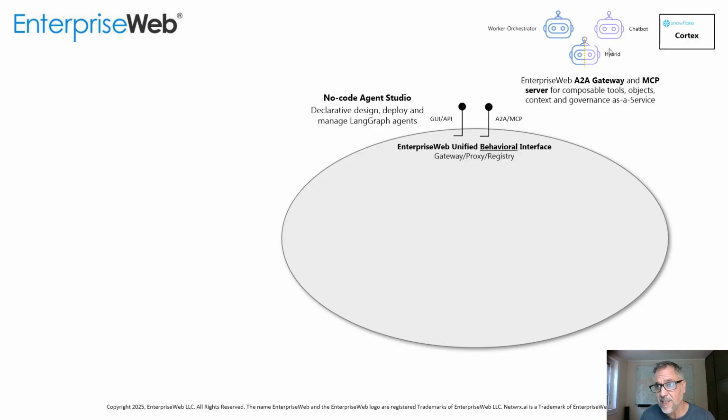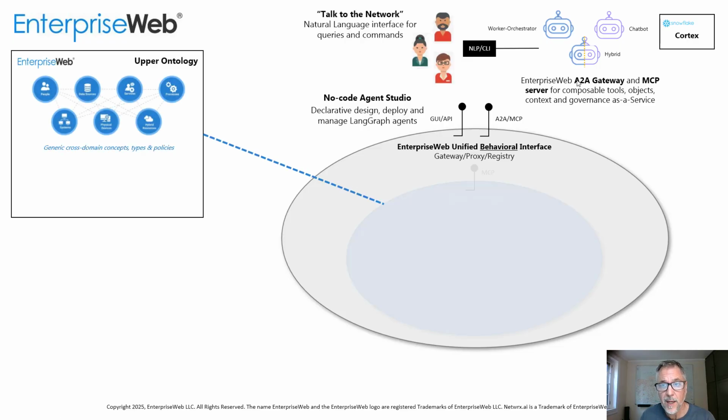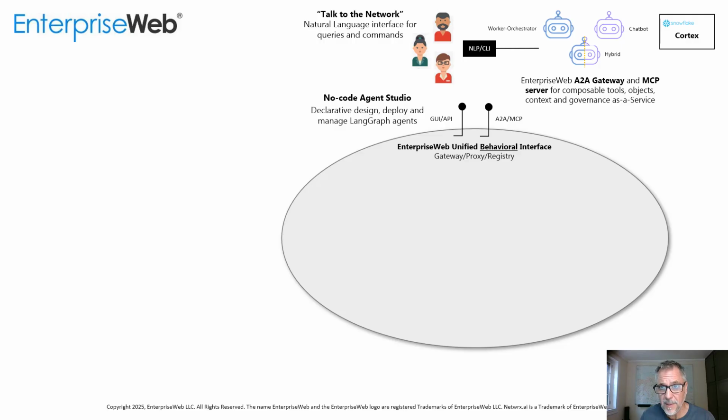And the agents themselves, in this case, are connecting to their own instance, or connecting independently, to Cortex for their interactions with users. Those interactions are done through a natural language programming interface and CLI so that users can talk directly to the agents, and the agents can then call Enterprise Web services.